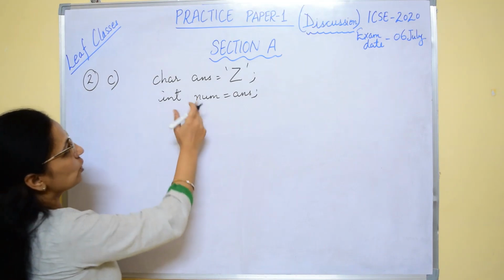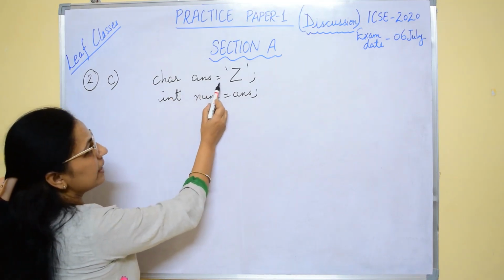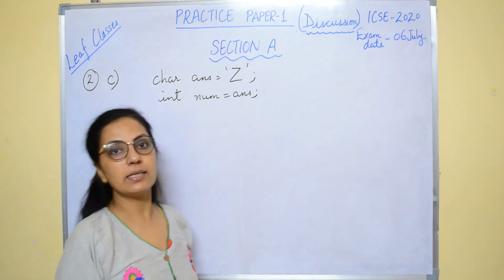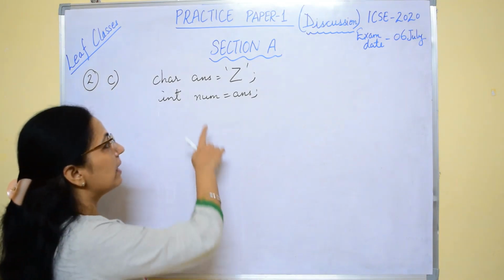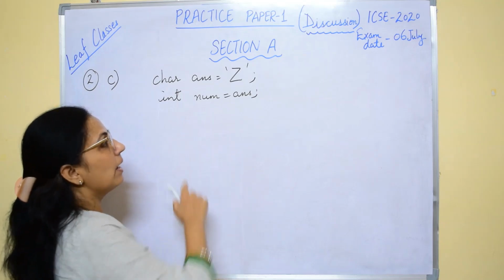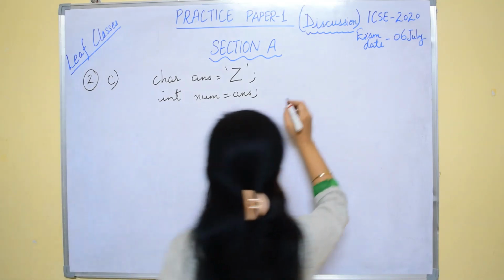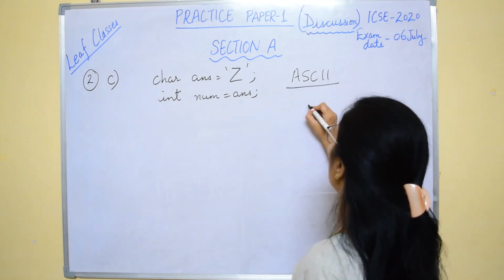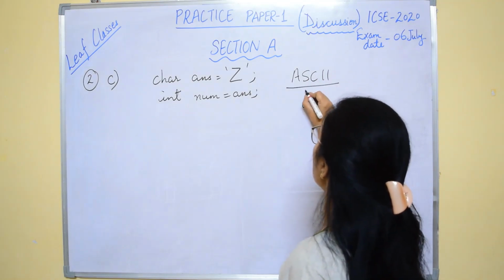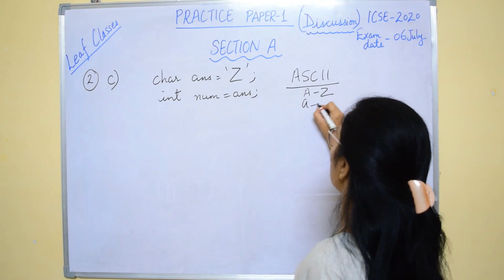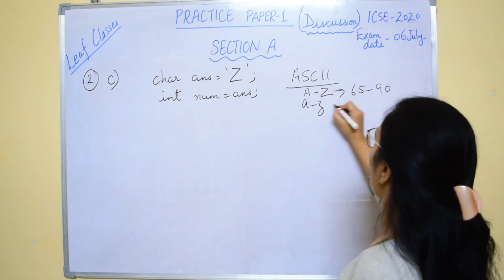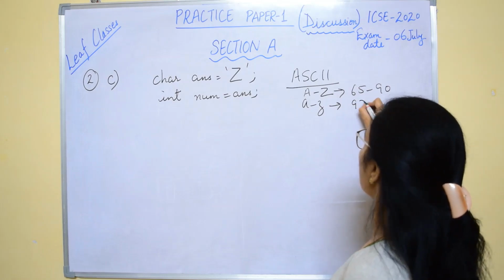C part of question number 2: char ans equals 'z' and int num equals ans. You have to write the value of num. For these types of questions you must know the ASCII values of capital A to Z and small a to z. Capital A to Z is 65 to 90 and small a to z is 97 to 122.